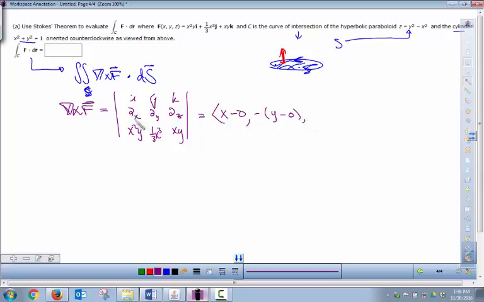And then the last component would be the derivative of this thing with respect to x. That would be x squared, minus the derivative of this thing with respect to y. That would be x squared again. So conveniently, it disappears. So the curl is going to be x, comma, minus y, comma, 0. Okay?